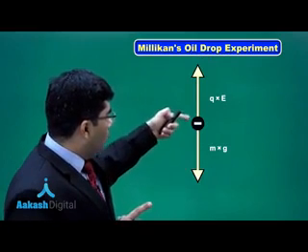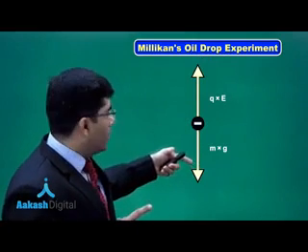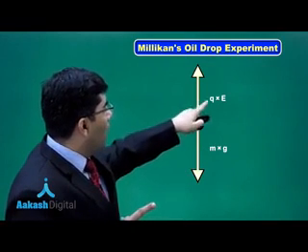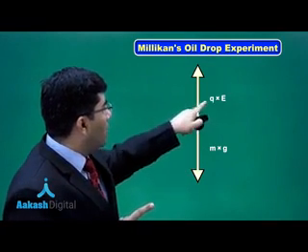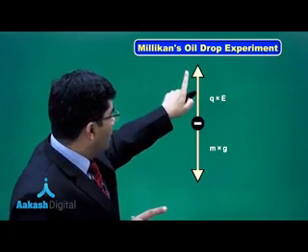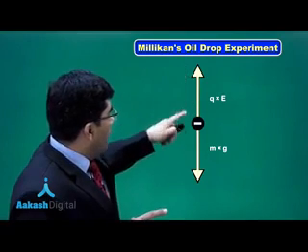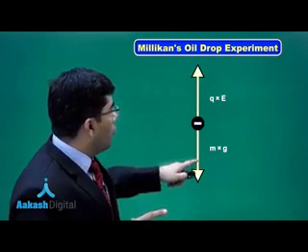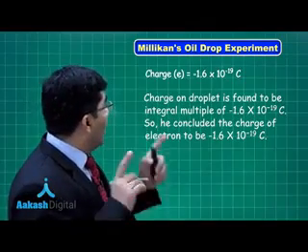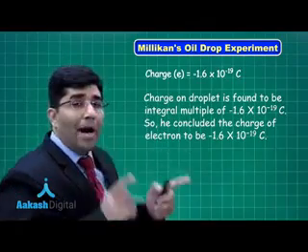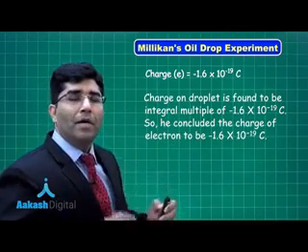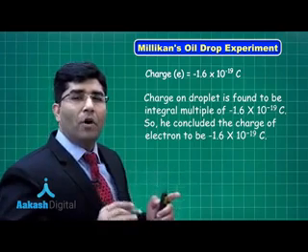On this oil drop, mg, that is the gravitational force, is exerted downwards, and charge times electric field, that is the electric force, is exerted upward. With the help of these two forces, Millikan found that the charge on the electron is −1.6 × 10^−19 coulomb. That was the Millikan oil drop experiment.